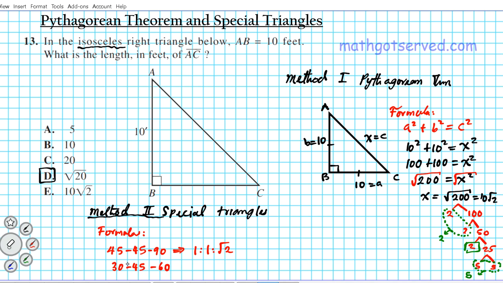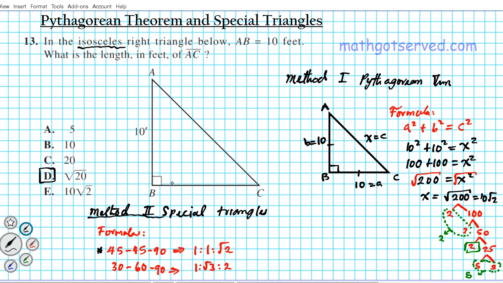Sorry, I first said 30, 45, 60, but it's 30, 60, 90. That doesn't add up. All right, so 30, 60, 90 special triangle. Sorry about that. All 30, 60, 90 triangles have sides in proportion 1, root 3, and 2. Okay? So the one we're going to be using for this particular problem is the first one.